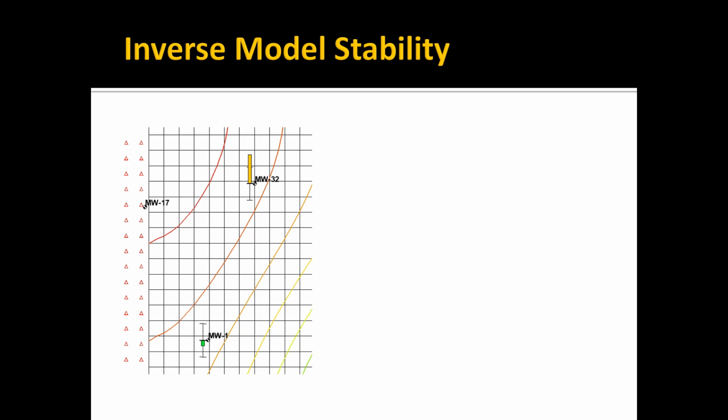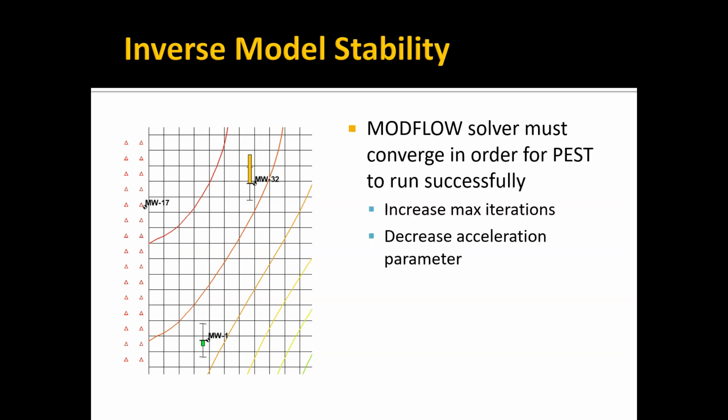It's not uncommon at all for PEST to crash or fail to converge. And the reason is that MODFLOW itself must be able to converge in order for PEST to run successfully.